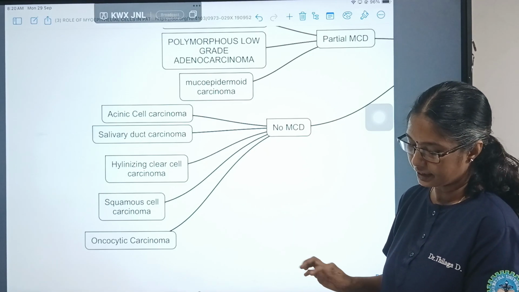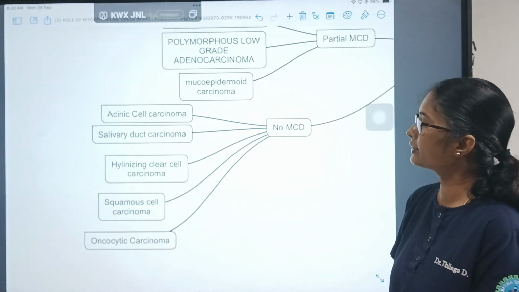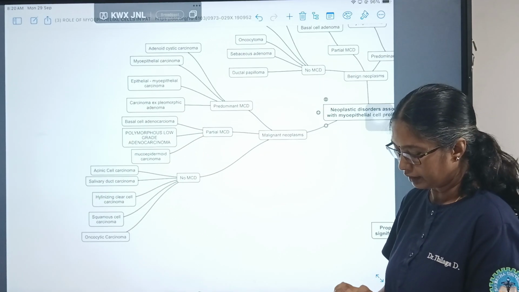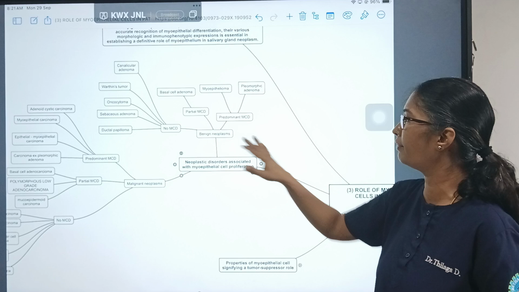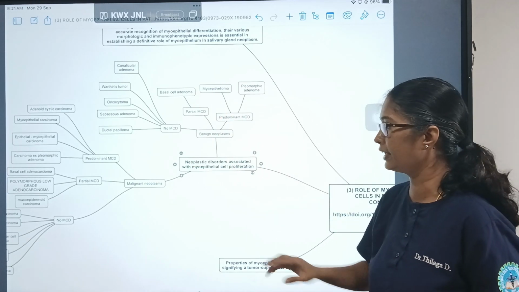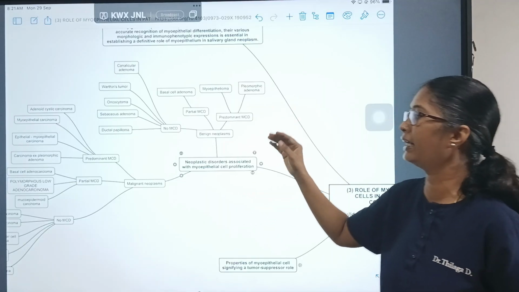And no differentiation is seen in acinic cell carcinoma, salivary duct carcinoma, hyalinizing clear cell carcinoma, squamous cell carcinoma, and oncocytic carcinomas. So when we see a myoepithelial cell tumor, we have to first find whether it is differentiated, partially differentiated, or undifferentiated. Depending upon the presence or absence of myoepithelial cells, we will classify it as benign or malignant.